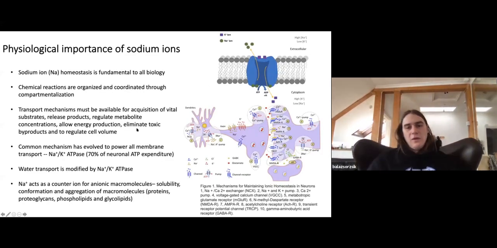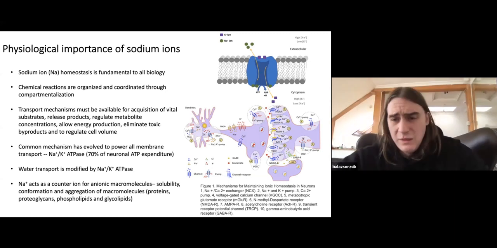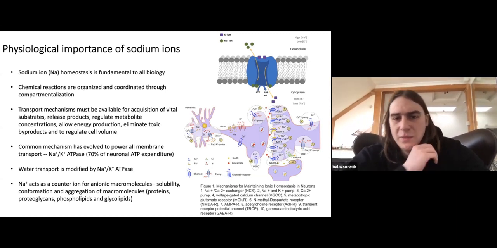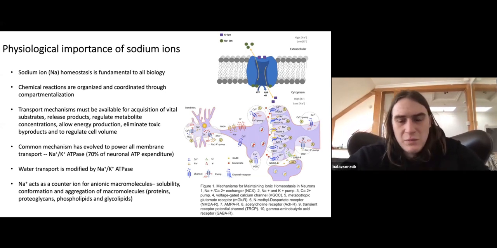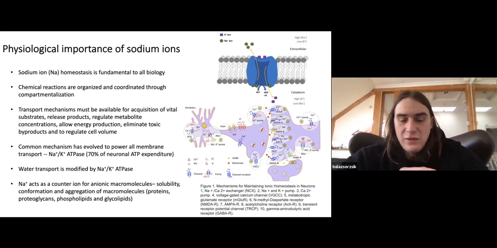Okay, so as I said, first I will talk about the physiological importance of sodium. Sodium ion homeostasis is fundamental to all biology. Human metabolism is made of thousands of coupled chemical reactions, and these reactions are organized and coordinated through compartmentalization.